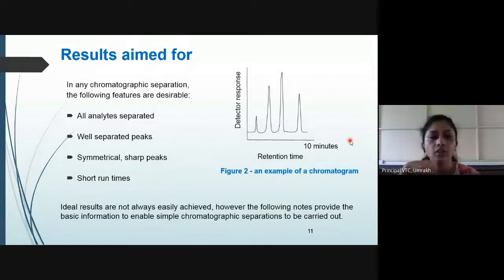So there are four things we need to achieve when we are setting up any chromatographic method. First of all, the analytes should be separable. All the peaks should be properly separated from each other, the peaks we get should be symmetric and sharp, and the run time should be short. Now, these four are the ideal situation. In every chromatographic run, it is not possible to get ideal results every time.